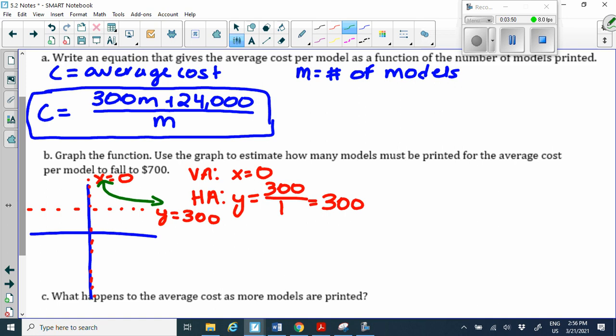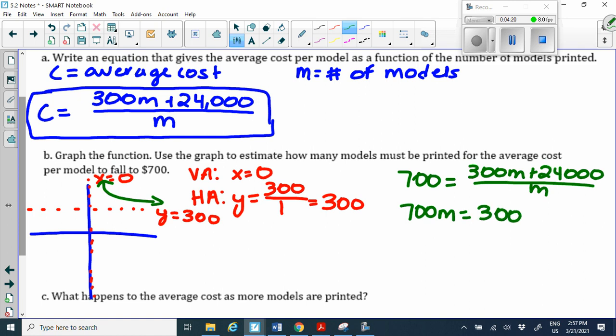Now let's talk about how we can solve, because we still have to figure out, using the graph, how many models must be printed for the average cost. Now we actually could do this algebraically, and I'm going to show you how we can also do this graphically. So the 700, that's going to be our average cost. So that's 700 equals 300N plus 24,000 over N. Now we could just do this algebraically, meaning that I can multiply both sides by N. So I get 700N equals 300N plus 24,000.